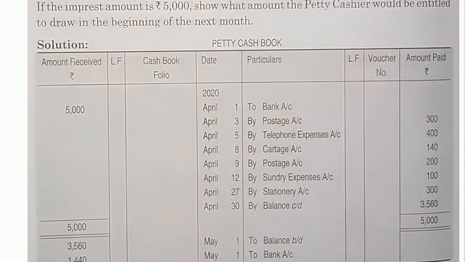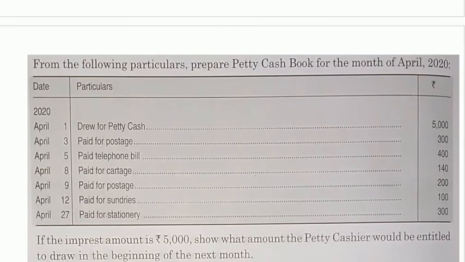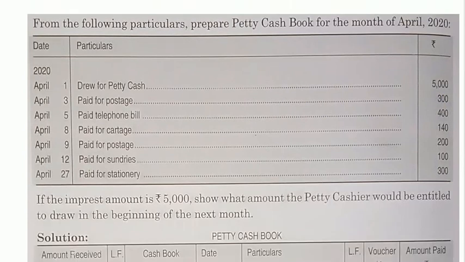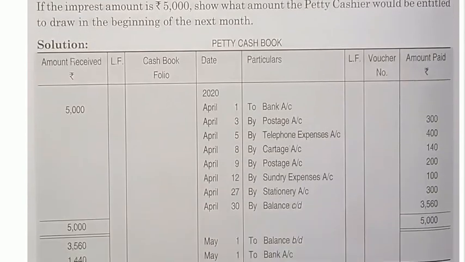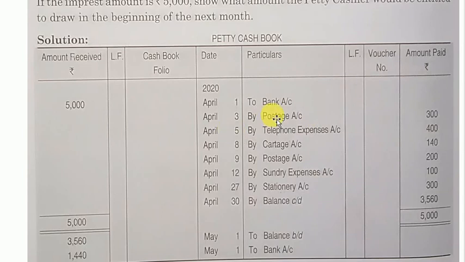Now comes another transaction, that is paid for postage on April 3rd, 300 rupees, and we know very well this is an expense for the concern. That's why it will be recorded here in the petty cash book with an entry of 'By Postage Account', amount of 300.